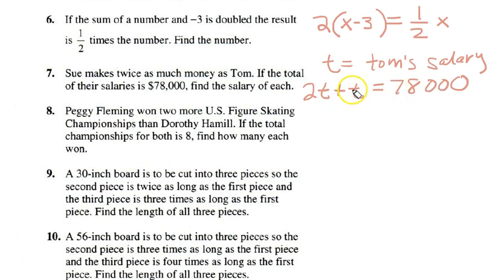Now remember, even though I didn't write the 1 here, I'm going to put it there now. There is an unwritten 1 there. So eventually this is going to become 3t equals this. And we're not solving these equations, but that's the protocol, the start of it anyway.